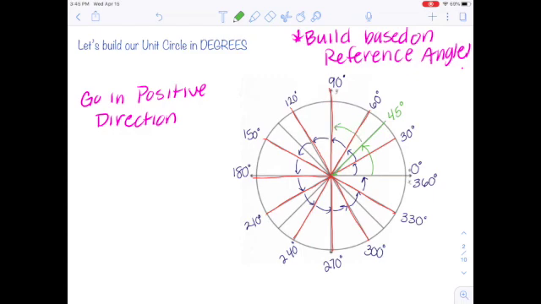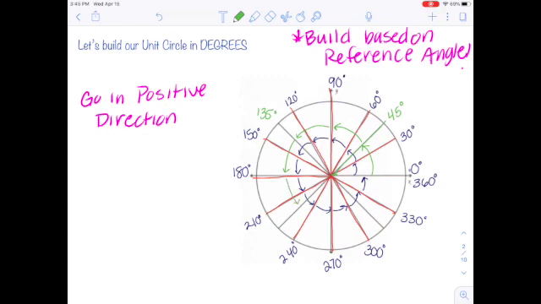Okay, so 45 plus 45 gives you your 90 degrees. Check. From 90 degrees, add another 45 degrees, and that would be 135 degrees. And then add another 45 degrees, and lo and behold, you're at 180 degrees.